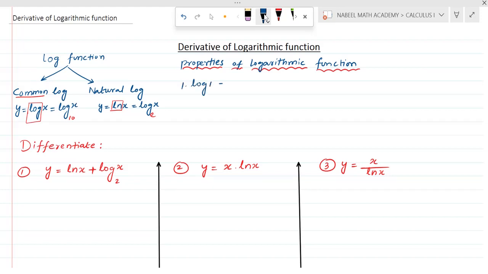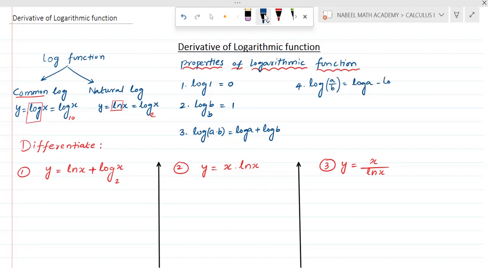It is equal to 0. Number 2, log b base b. The answer is 1. Now the next one is the product rule: log of a times b is equal to log a plus log b. And the next one, log of a over b equals log a minus log b.